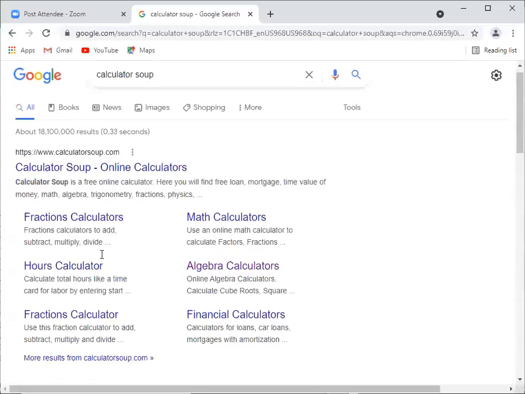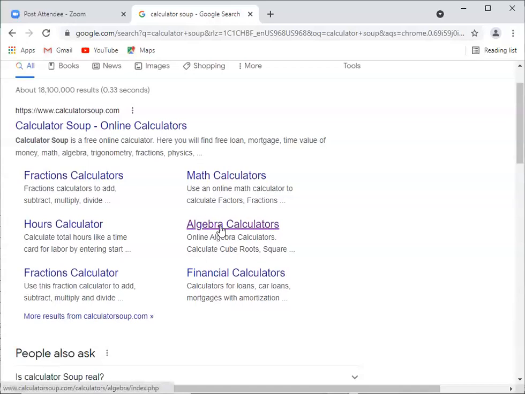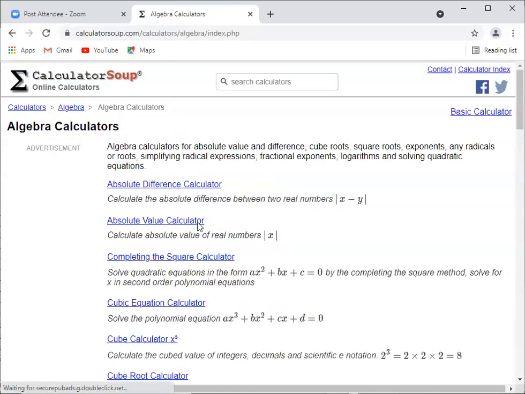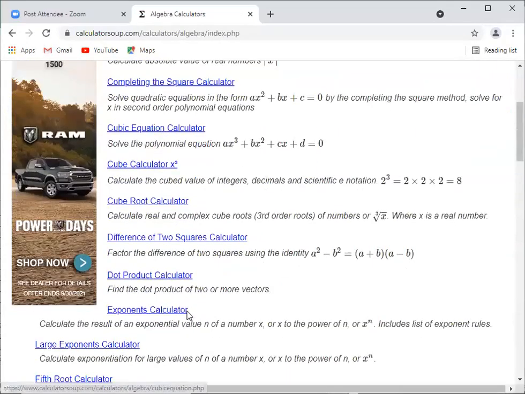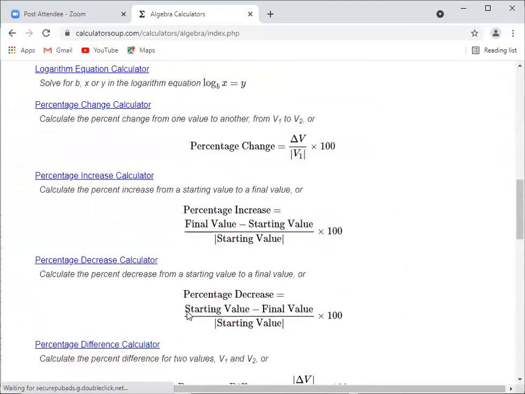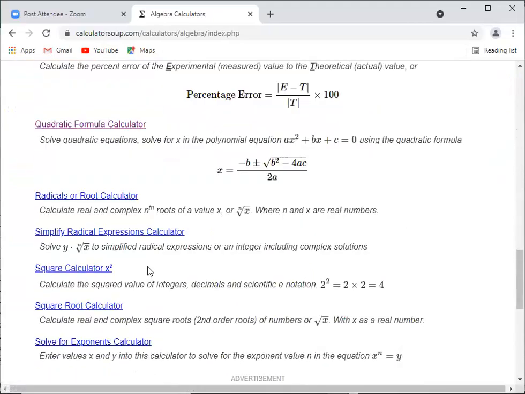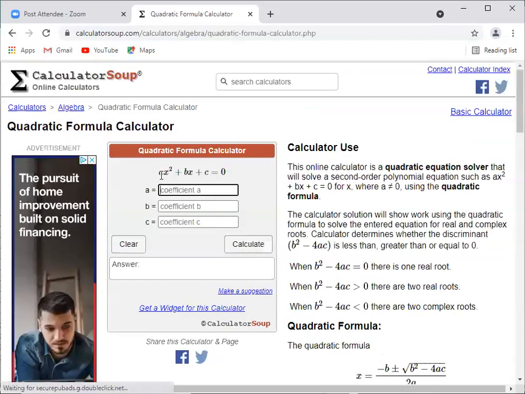So all I did was do a search for calculator soup, and there's lots of different calculators on here. I'm picking the algebra calculator just because that's one that would work. And I'm going to go down here to quadratic formula calculator, and I would pick that. And here are the problems.